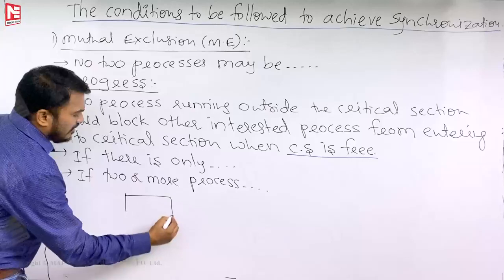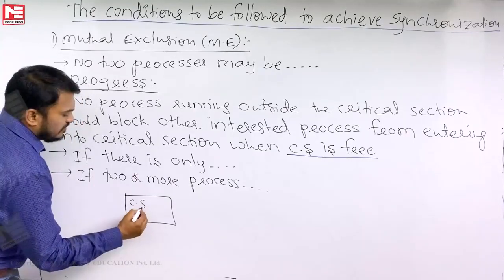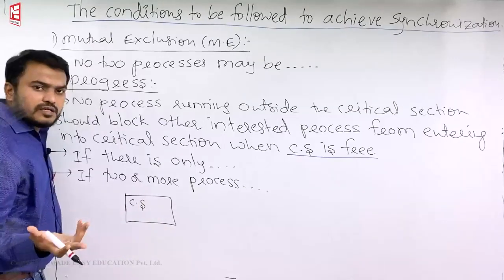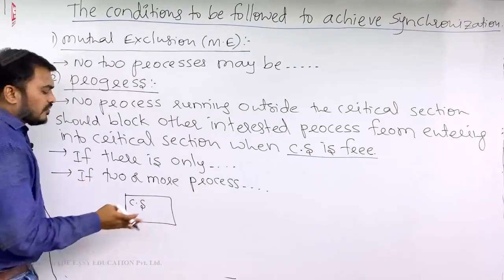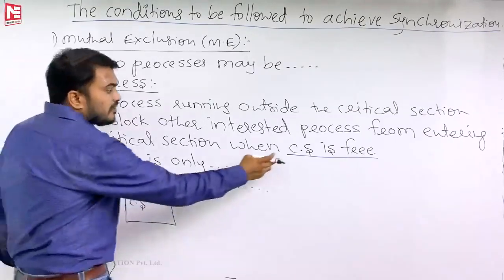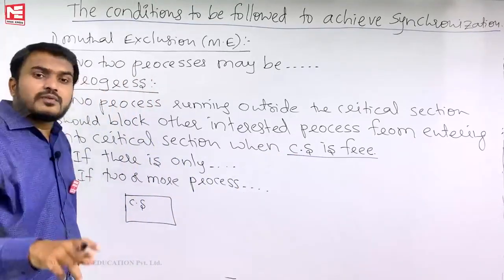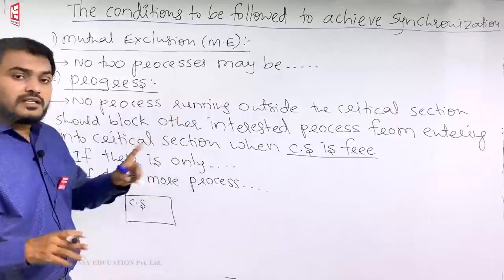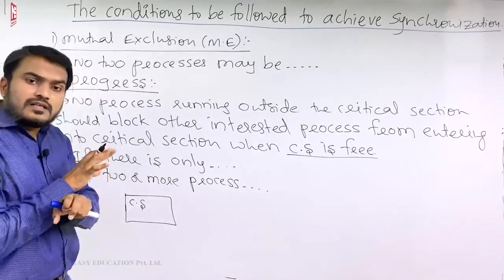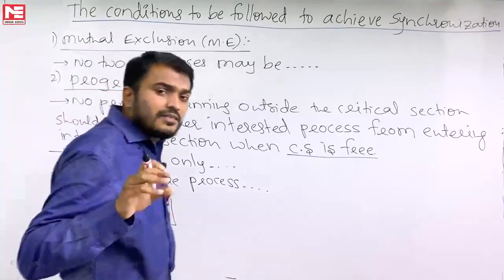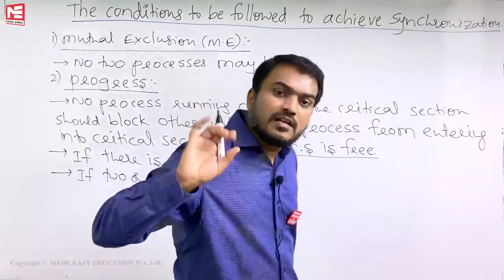Let us say you have a critical section, which means shared resources and shared variables. Now the critical section is free. Remember that point is important. I am talking about the definition of progress only when the critical section is free. I am not saying anything about when the critical section is busy. Is the point clear?